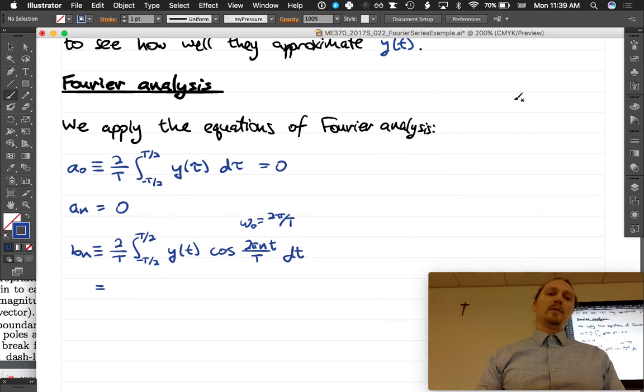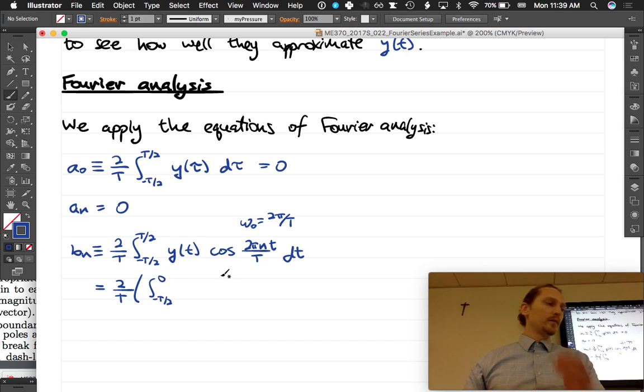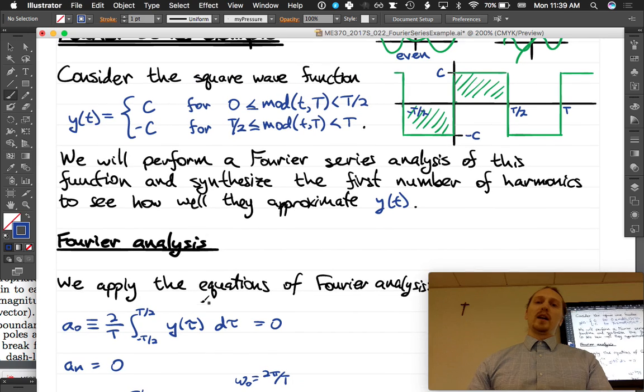So let's do it. We're going to have 2 over T, which is going to multiply everything. So then we'll put a big parenthesis, and we'll integrate from negative T over 2 to 0. And what is y of t in that region from negative T over 2 to 0?